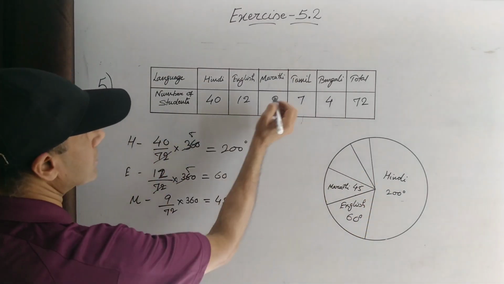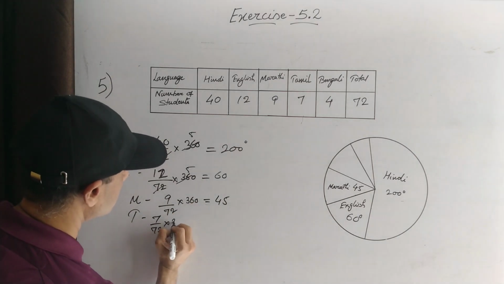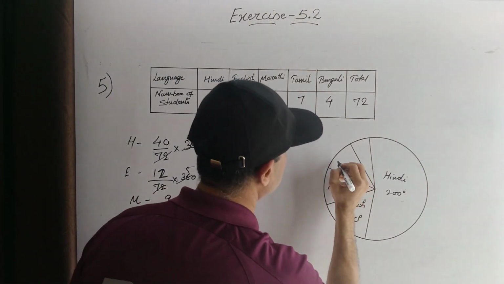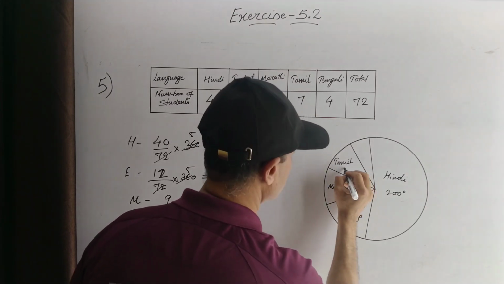Okay. Then Tamil. It will be 7 by 72 into 360. This will be 35. So this will be Tamil, and this angle will be 35 degrees.